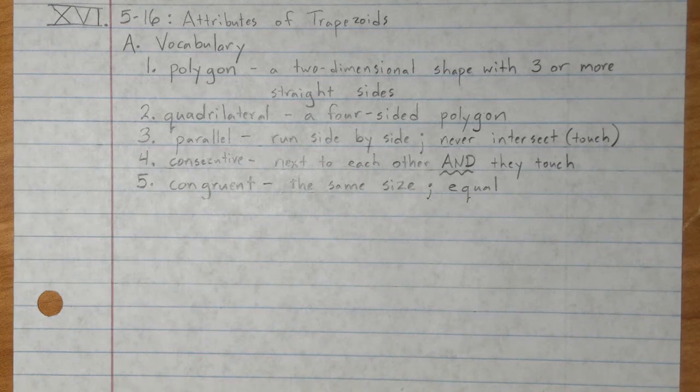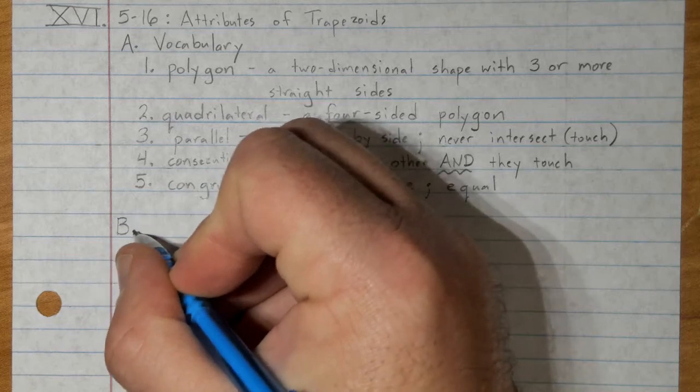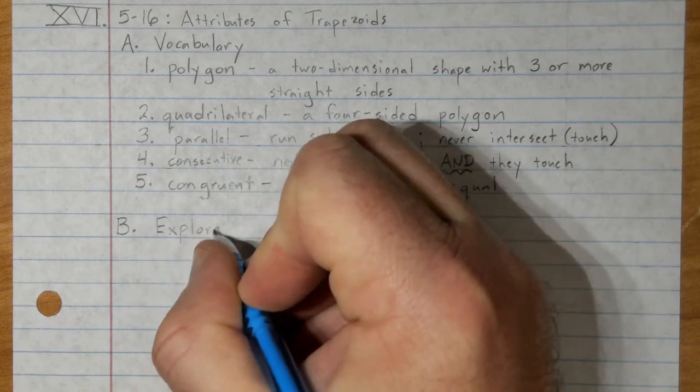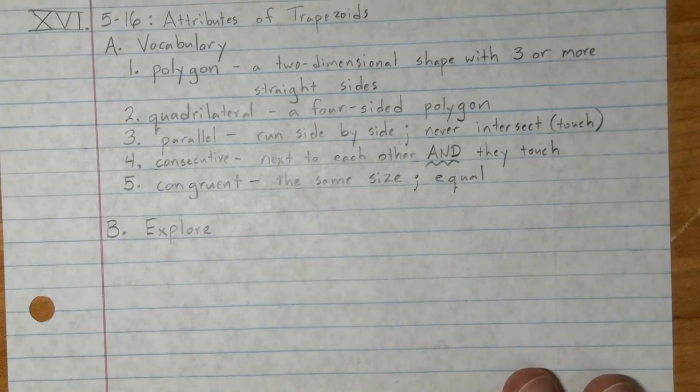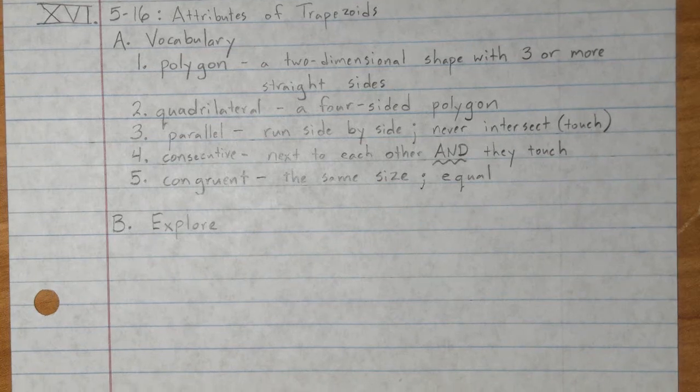Okay. Now, down here, for letter B, not really a process so much as we're going to do some exploring. We're going to explore a little bit. Okay. The instructions that you see on the lesson we do together in class, they're going to talk about starting with parallel lines.